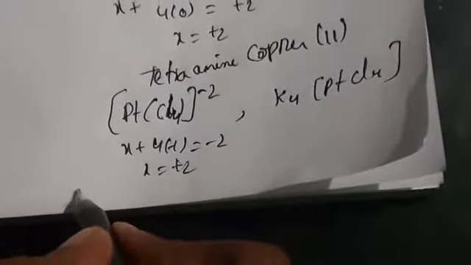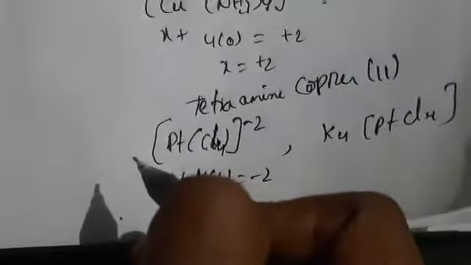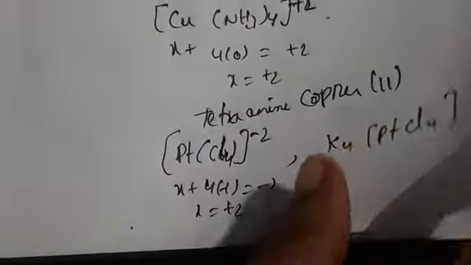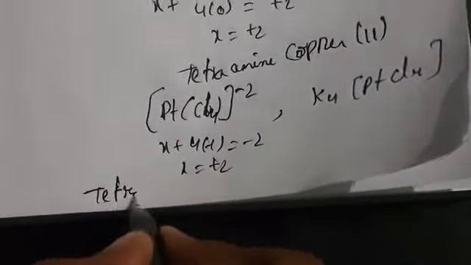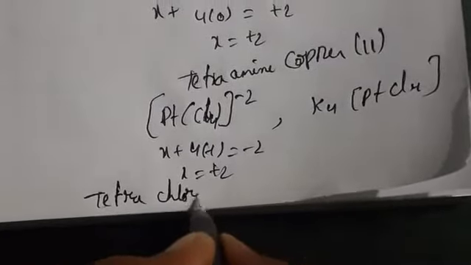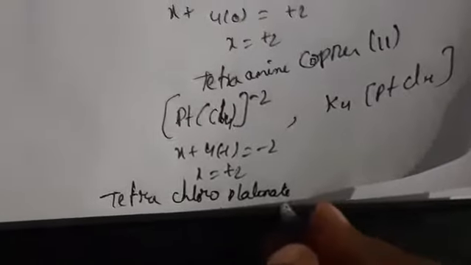For anions, one thing you have to remember is that at last we get the suffix ate. So tetrachloroplatinate we can write.